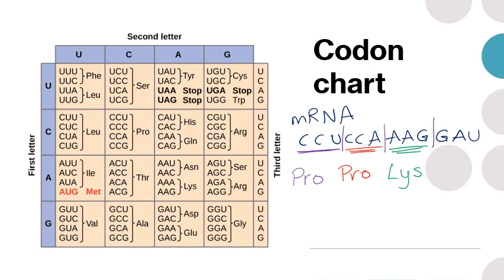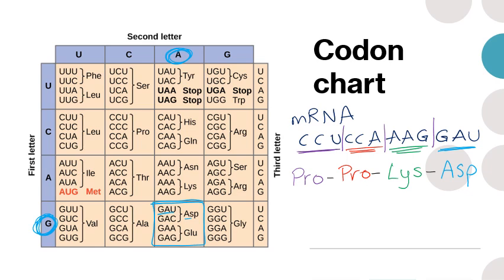Of course, in real life, there's a lot more than this, but you're rarely asked to do more than 10. 4 to 5 is probably a good amount. GAU, our first letter is G. Our second letter is A. If we have a look in this box, GAU is ASP. So these are the amino acids that are building this protein, and it's in this sequence.